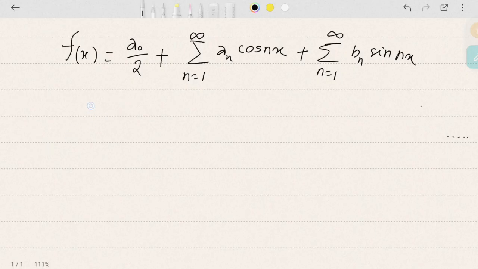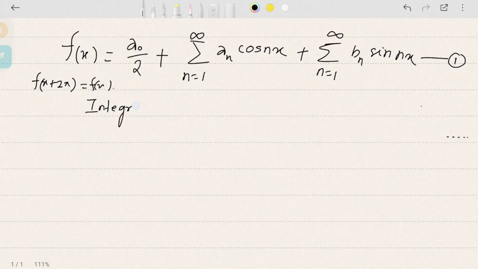Now let's find a naught. To find a naught, let's integrate equation 1 with respect to x from minus pi to pi. This function is a periodic function of period 2 pi. So integrating with respect to x from minus pi to pi, what do we get?